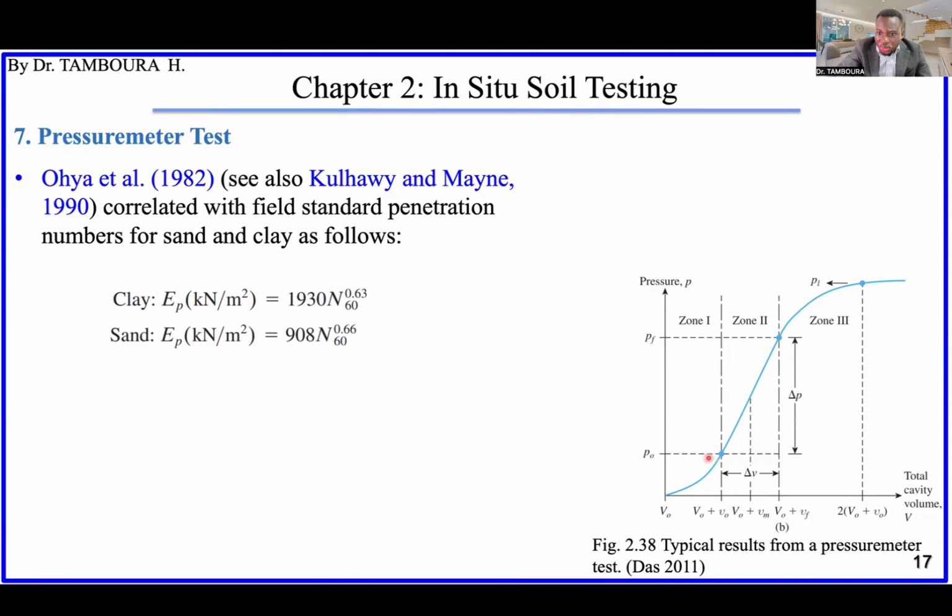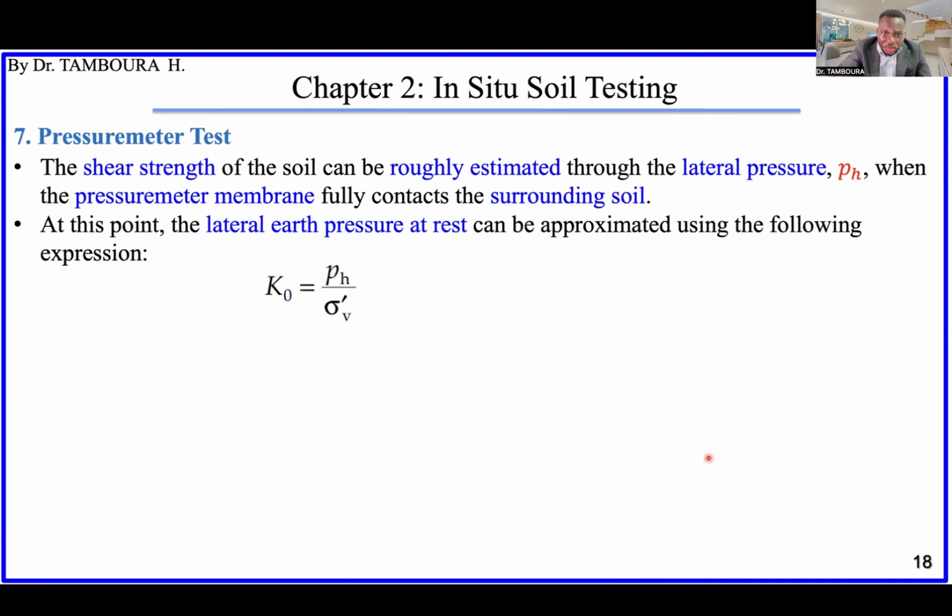So this P0 is what is here as PH. This P0 is exactly the horizontal effective stress. Vertical effective stress is here, right? Okay. So if you have this P0 or again PH, you can obtain the K naught here.